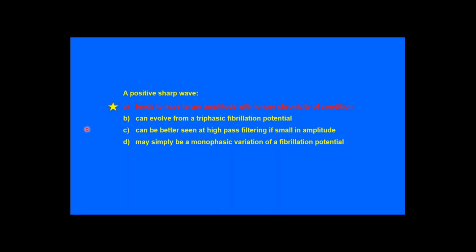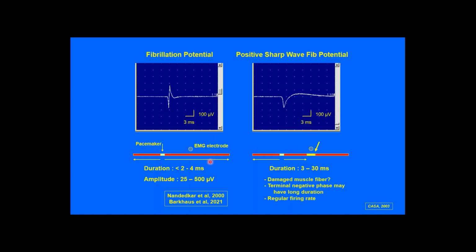And you are correct. It should be smaller amplitude, and we'll discuss the others in a few moments. So fibrillation potential, just very briefly, we have usually a pacemaker, typically at the area of the denervated end plate.